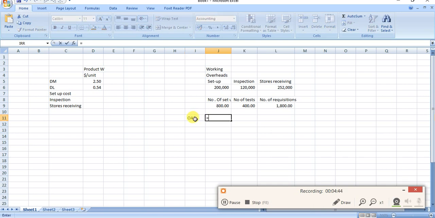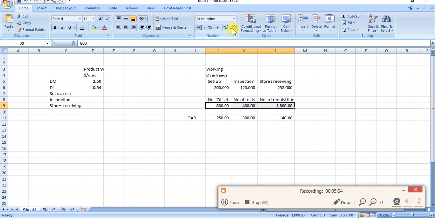So get the OAR for each activity. First activity 200,000 divided by 800. Second activity 120,000 divided by 400. Third activity 252,000 divided by 1800. These are the activity overhead absorption rates.